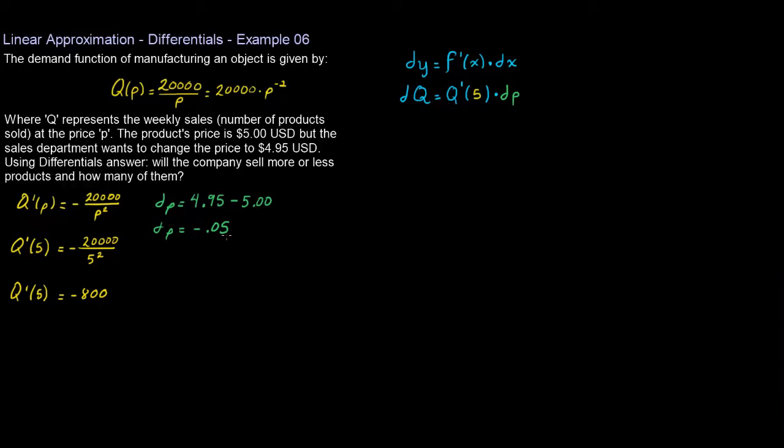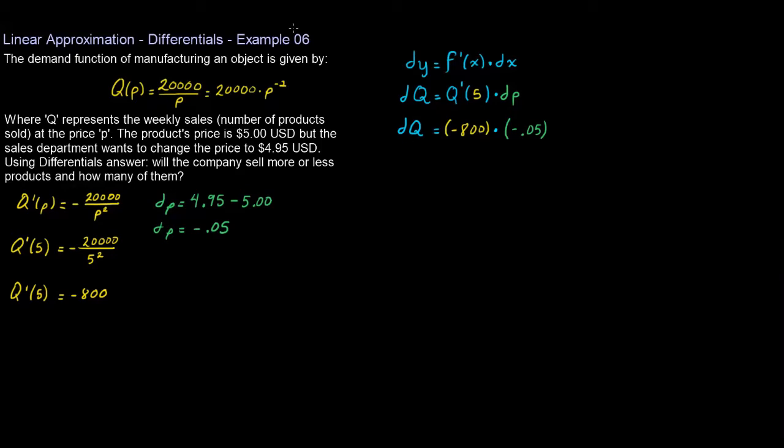Now we've got all the pieces. Let's put them inside our formula. The differential of quantity is equal to Q prime of 5, which we found to be negative 800, times the differential of price, which we found to be negative 0.05.